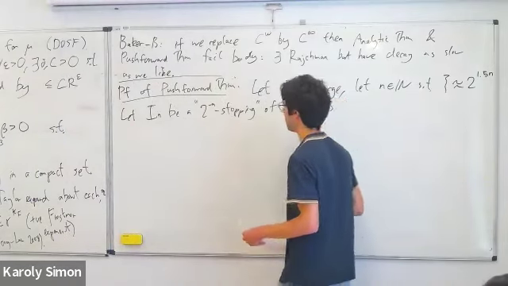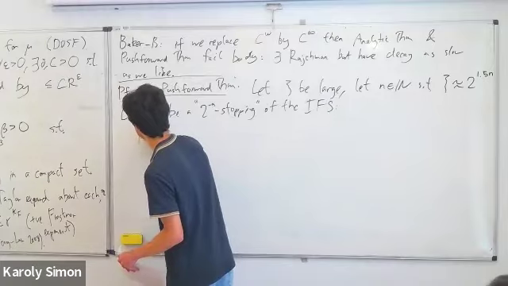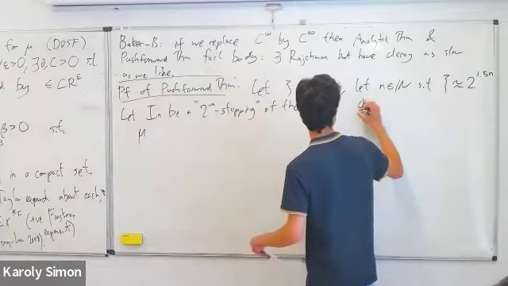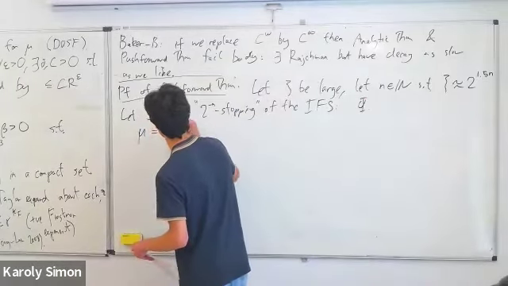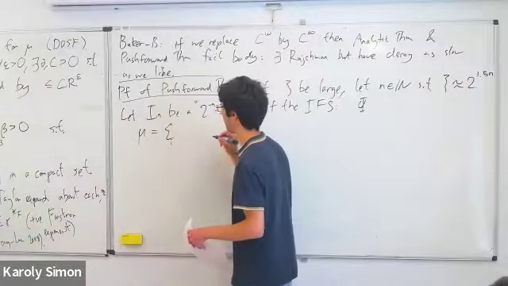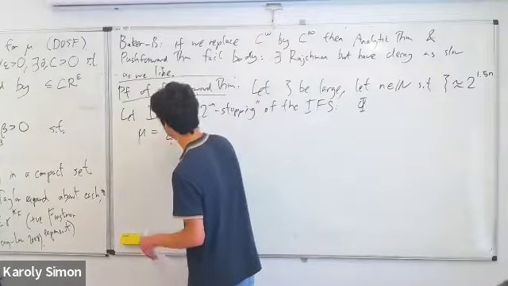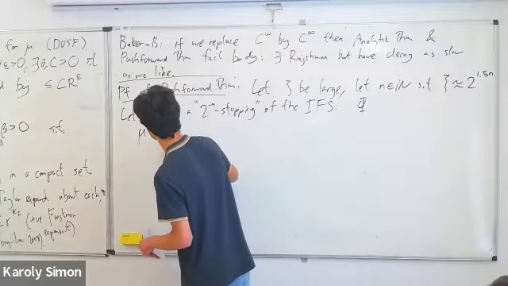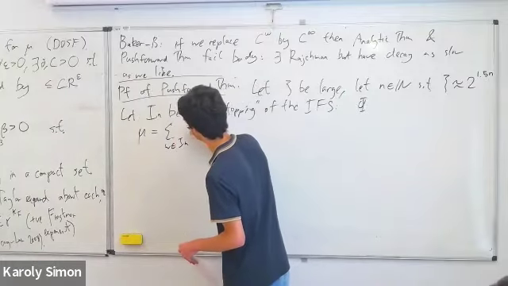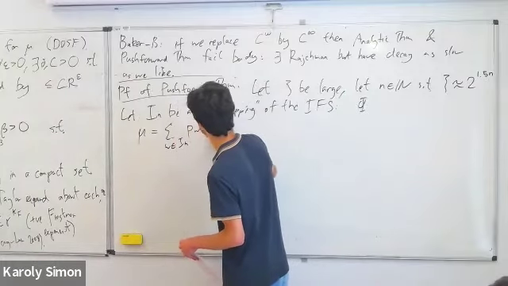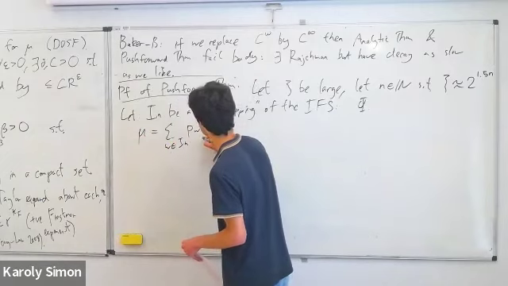I just mean that it's a collection of finite words such that mu is equal to the sum over w in this set of p_w psi_w of mu.